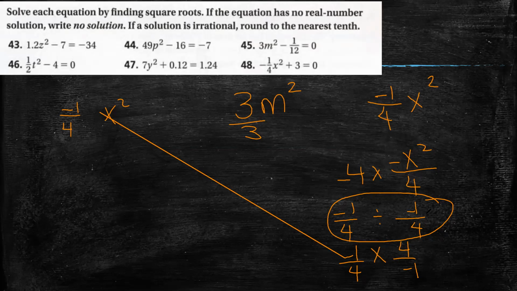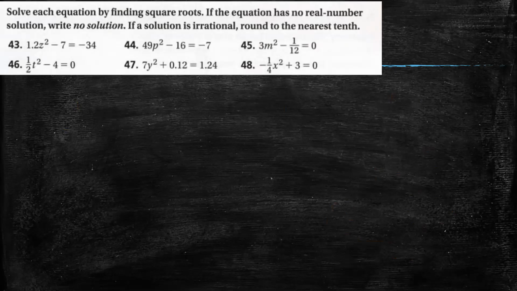It is the same. Here, you have negative 1 over 4 x squared plus 3 equals 0. Here we divide by negative 1 over 4, let's say that here we have a number 3 also.